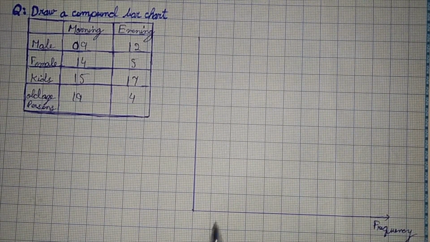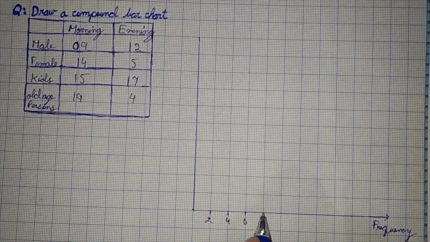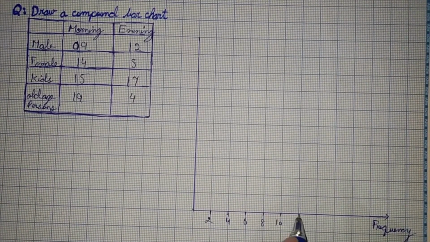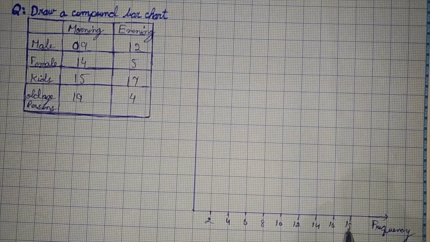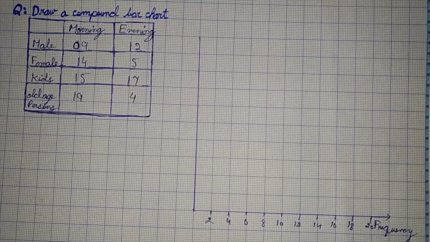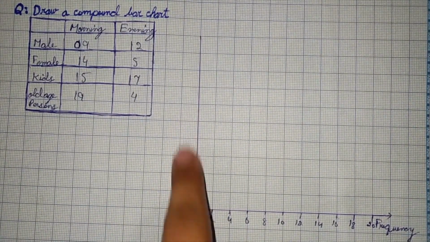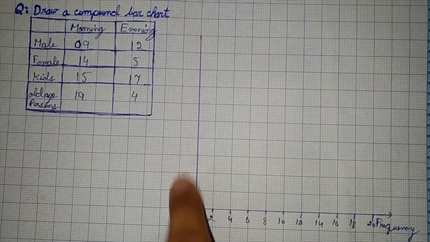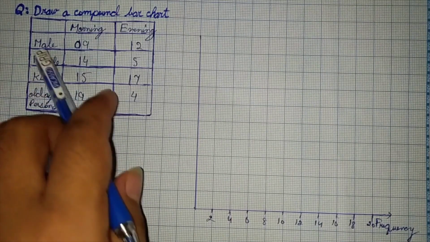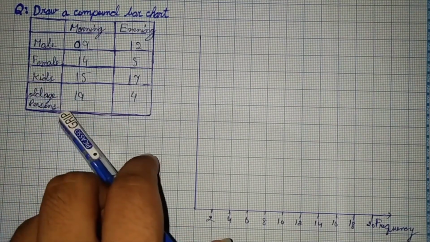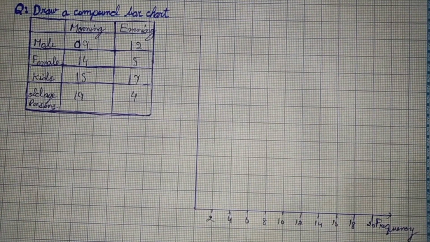Let me write it: 2, 4, 6, 8, 10, 12, 14, 16, 18 and finally 20. On the other side we will write these 4 types: male, female, kids and old age persons.